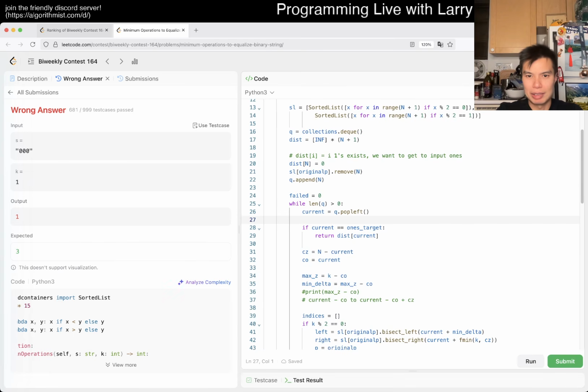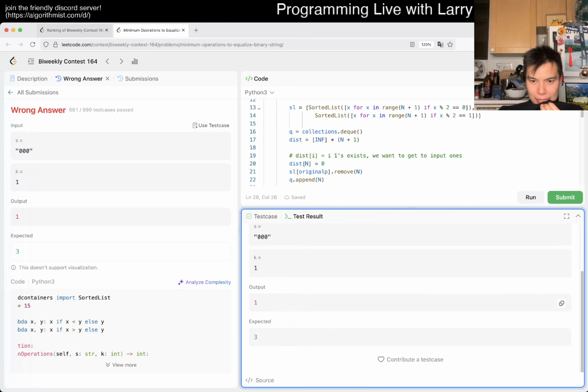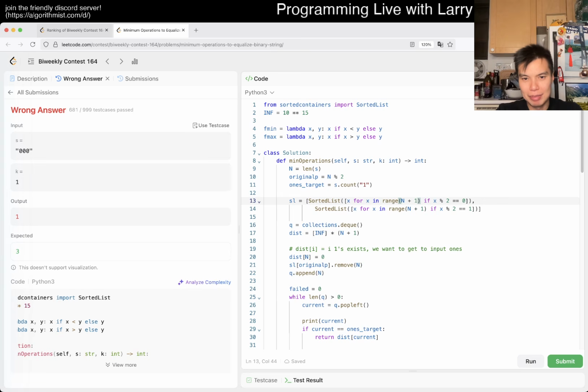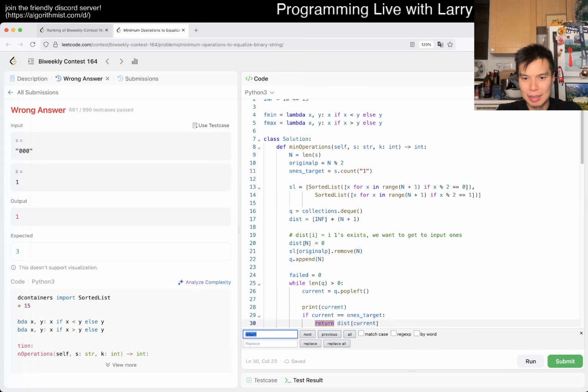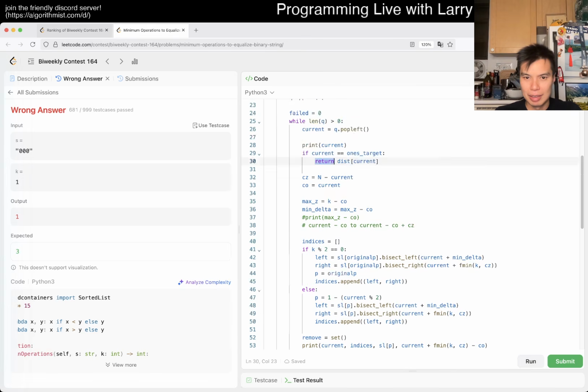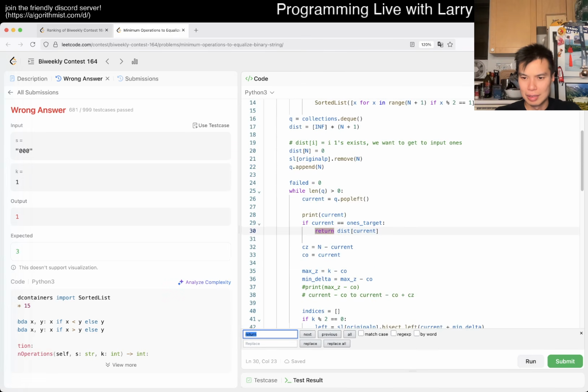I'm so confused. Did I mess up the initial configuration? Do I have an early return? I mean, that's it, right? And all of them I have a print statement before.